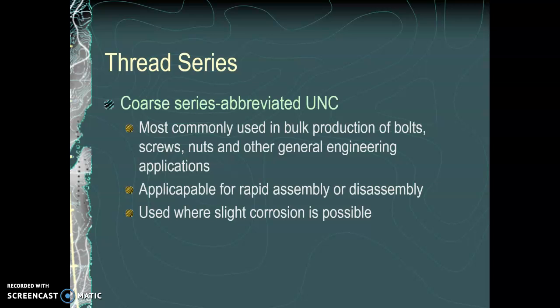Also, the larger threads are less affected by potential corrosion. So if you're going to be using a threaded fastener in a situation where it might get a little bit rusty, larger threads are going to be less likely to seize than finer threads.